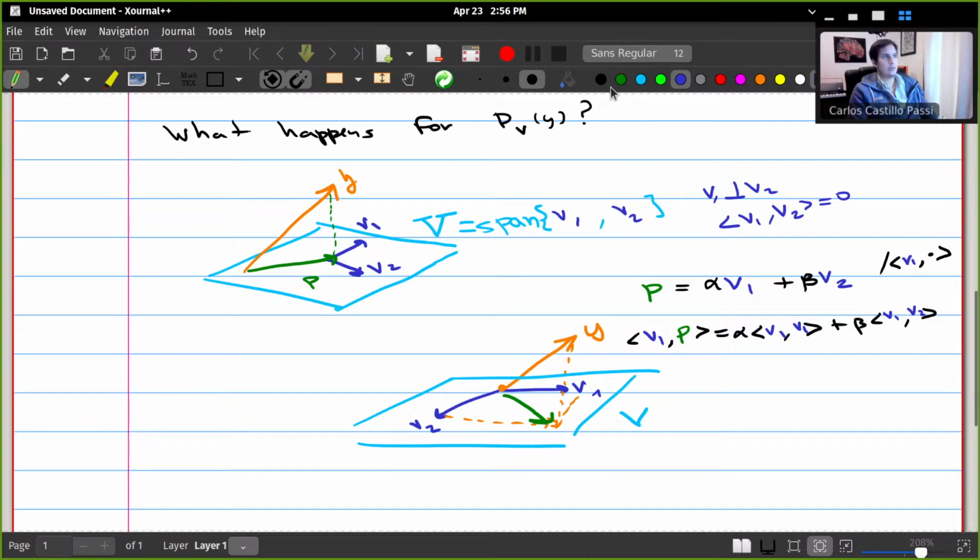As V1 and V2 are orthogonal to each other, this cancels out. That means that we can obtain the coefficient alpha by writing the projection here, V1, V1, V1. We can do exactly the same, but with the vector v2, and obtain this.